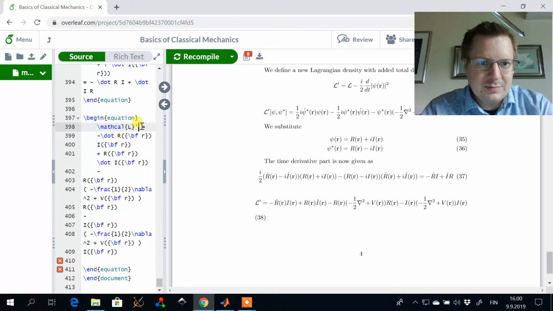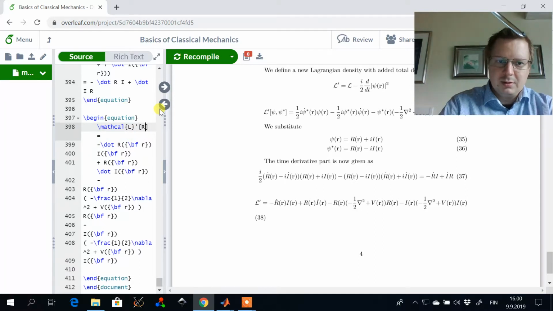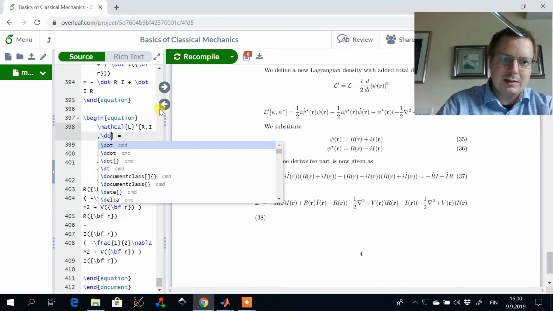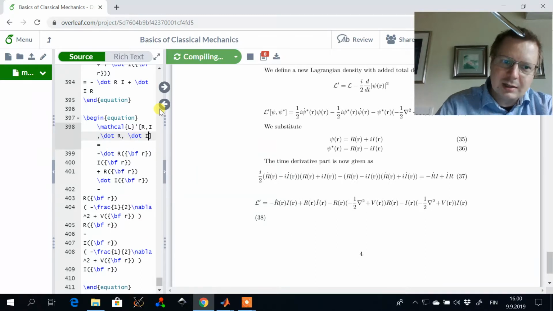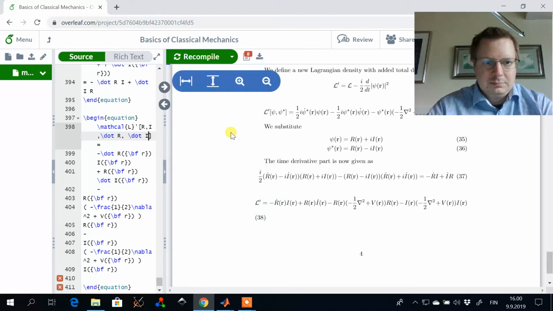And now this will be a function of r and I and dot r and dot I. Okay.